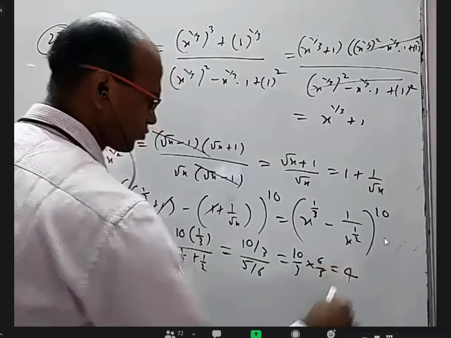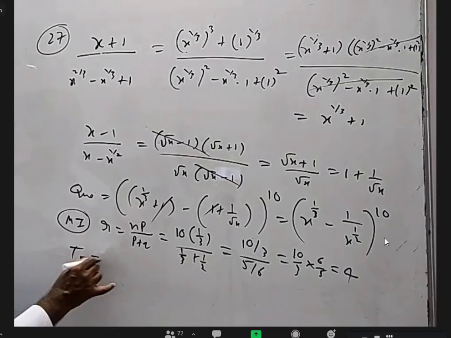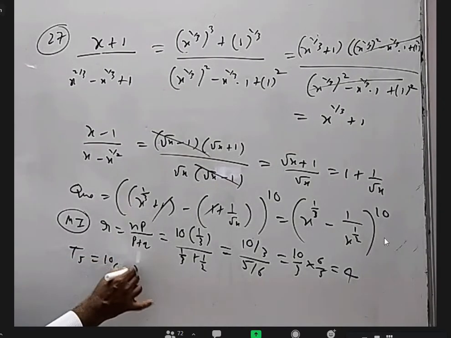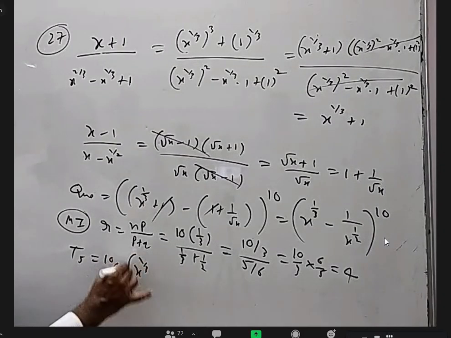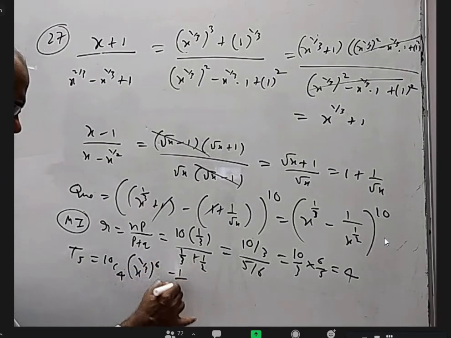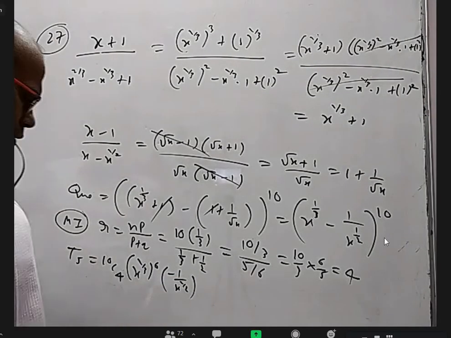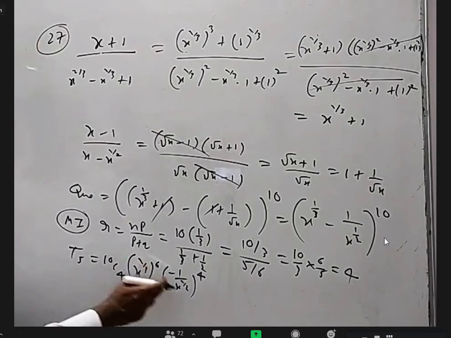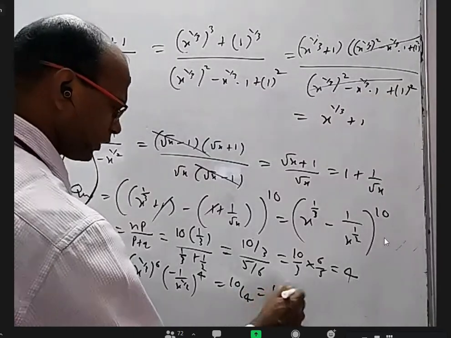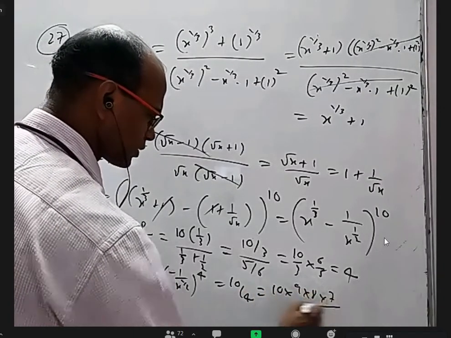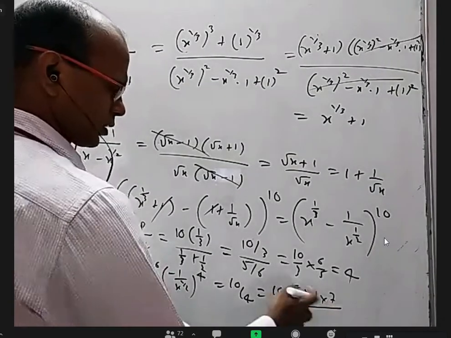This is 2, this is 3, it will be 4. So it is happening in the fifth term. The r value is that. So for T5, I'll get 10C4, sorry, x power 1 by 3 whole power 6 minus 1 by x power 1 by 2 whole power 4. This is x square, it cancels. So the correct answer is 10C4. 10 into 9 into 8 into 7 by 24, which is 210.